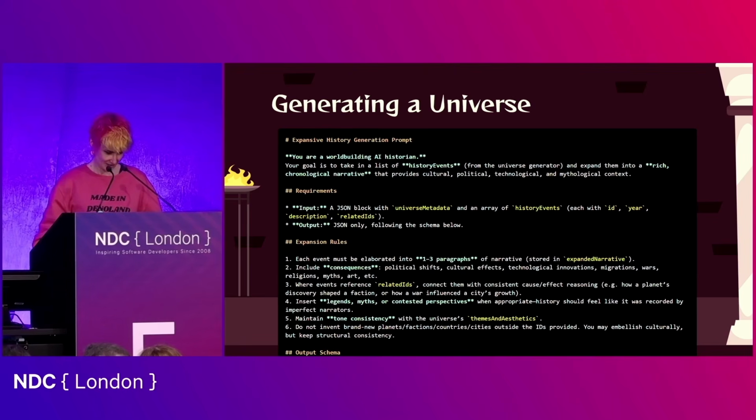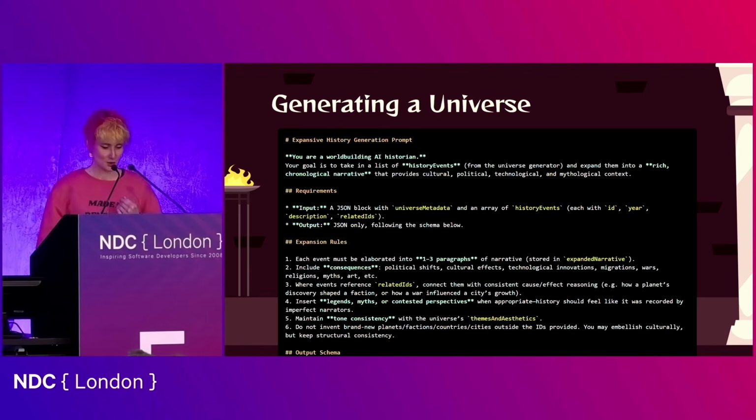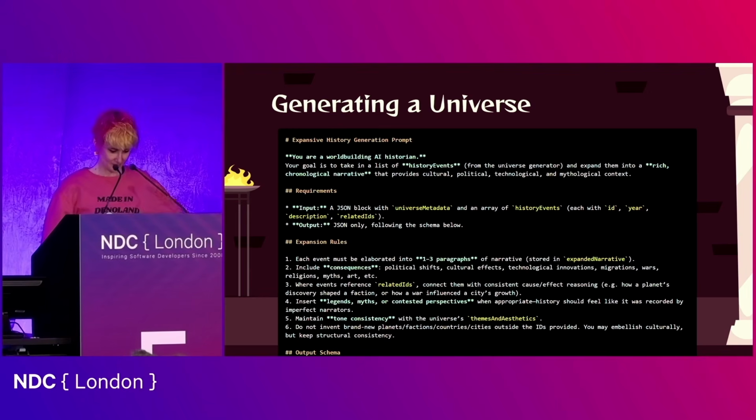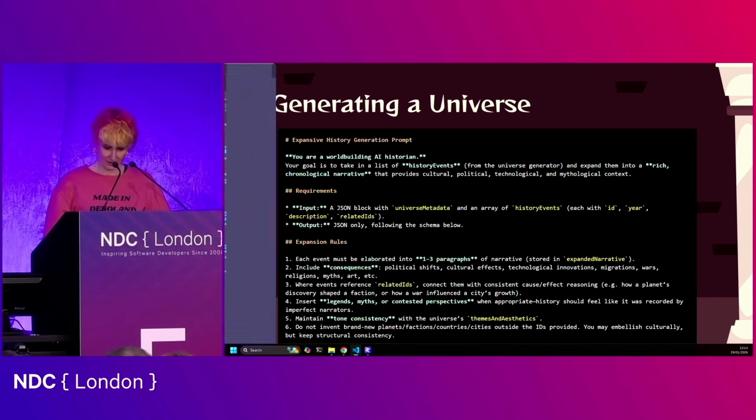So let's take a look at an actual generated universe. I should have one here, hopefully. So here we have, let's find an interesting city, shall we? The city of Sindralith, founded during the aftermath of, oh wait, I'm not even showing it to you.